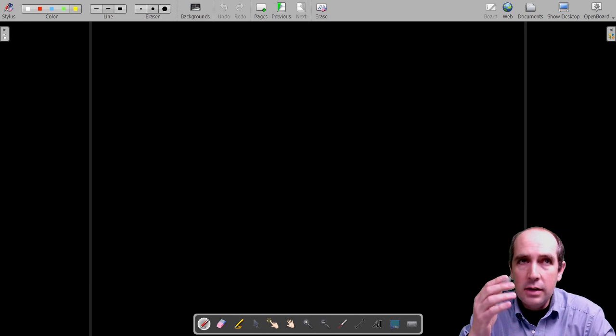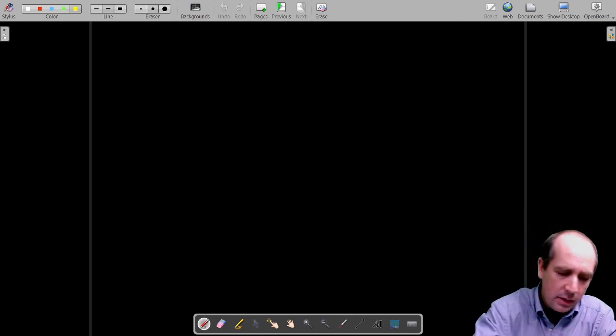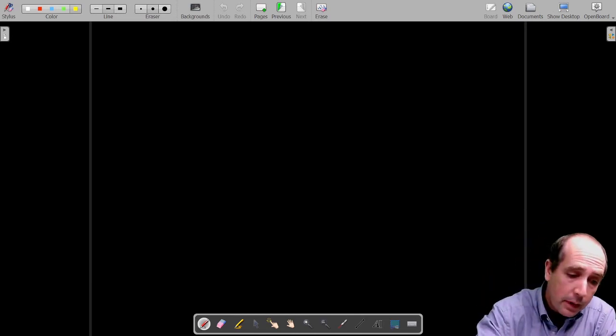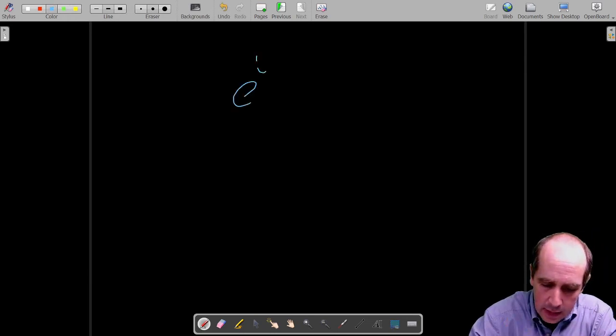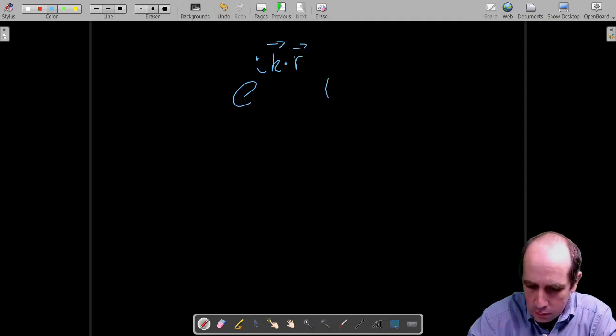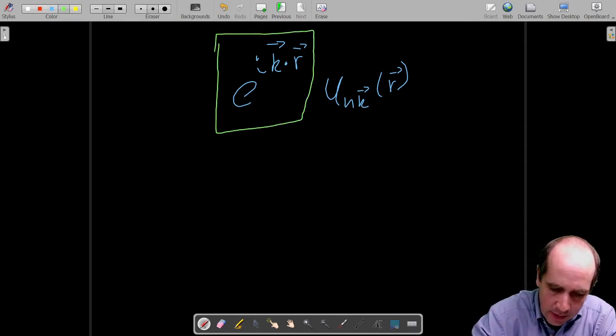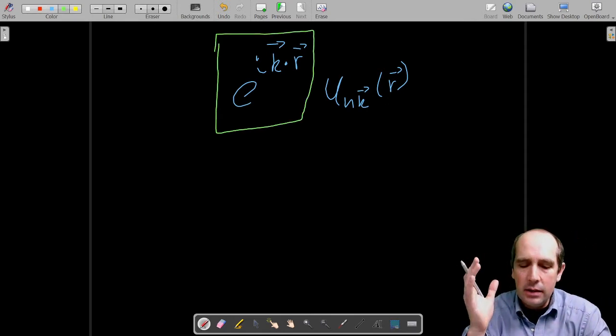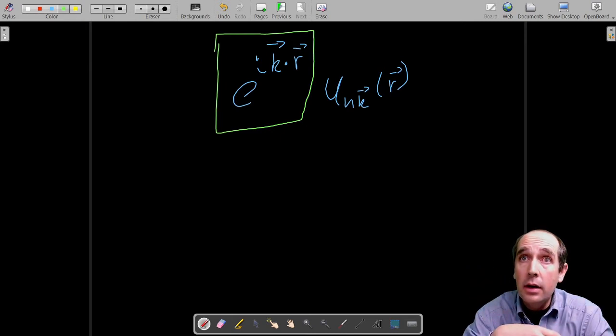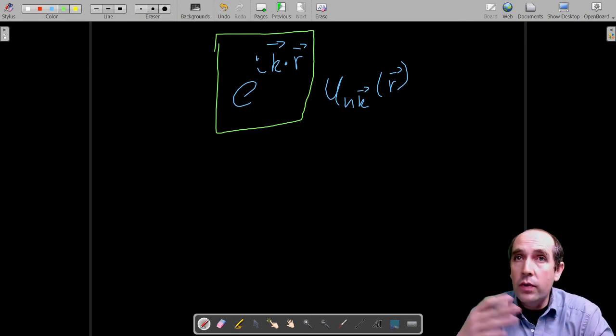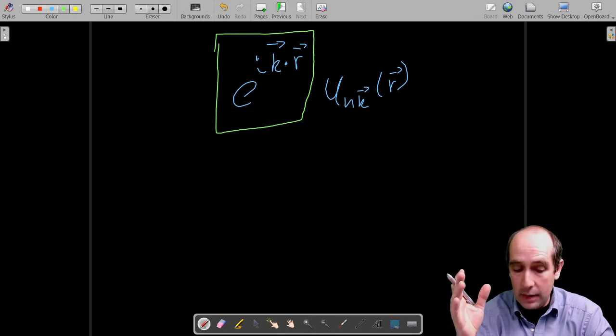So the first thing I want to introduce is the notion that this e to the i k dot r function, and then we have the other part, the u_nk of r, I want to introduce the notion that this plane wave, really, at least intuitively, is the one that represents the electron moving along the lattice.